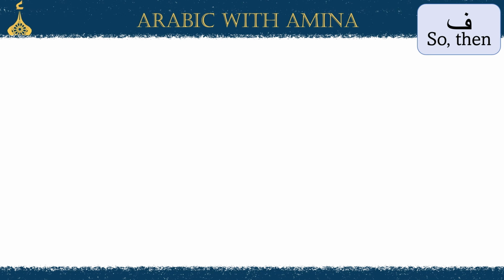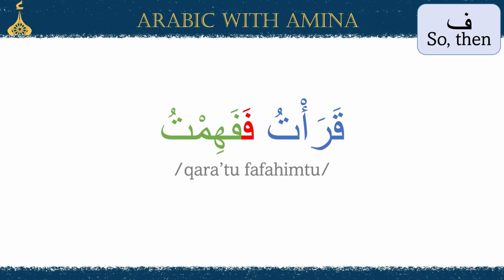Another example using the letter fa is قرأت ففهمت. I read, so then I understood. Here, the letter fa carries a sequence meaning, so we know that I first read and then I understood. And it also has a causative meaning.